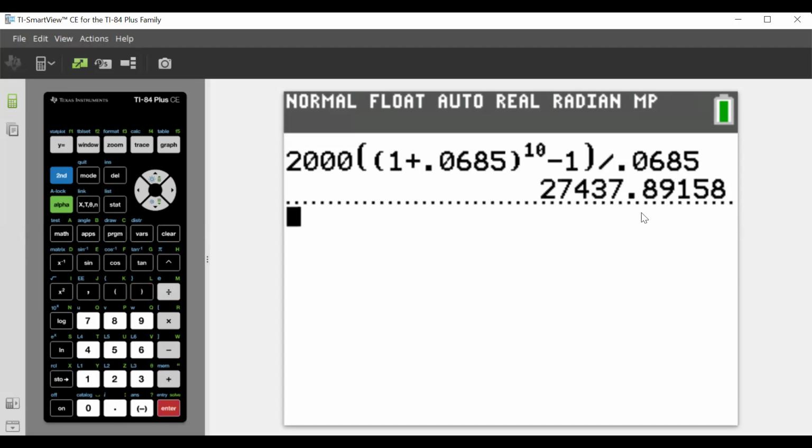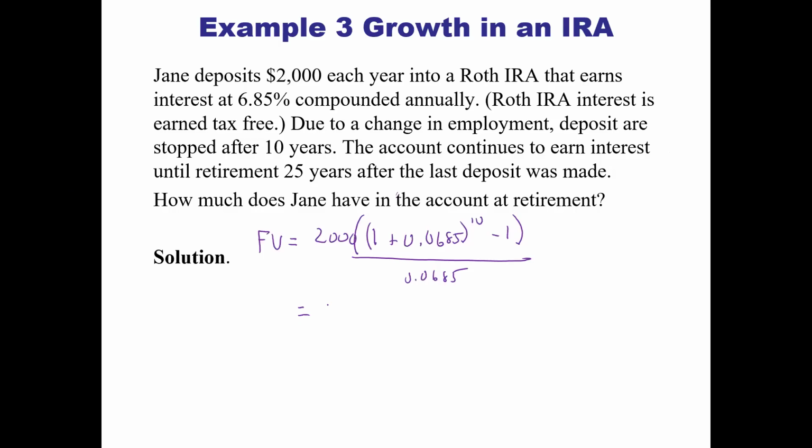All right, so we get 27,437.89. That number is how much is going to be in the account after those 10 years. So we're going to have $27,437.89.